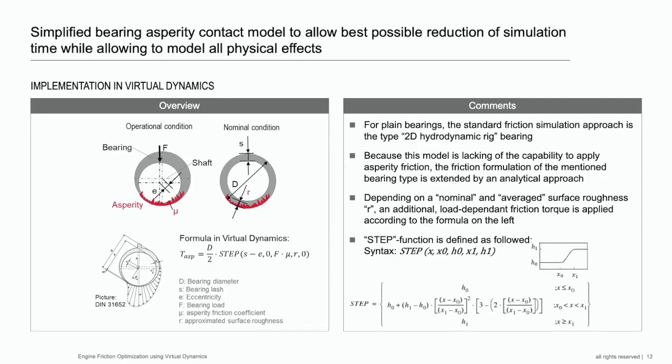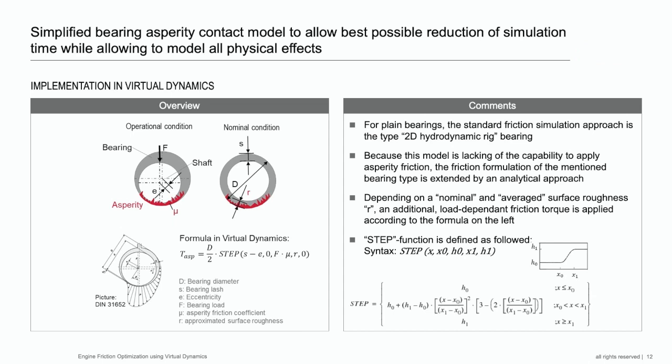Just to give you an impression of what these friction approaches look like and why they are so efficient in simulation performance, I'm giving the example of how the camshaft bearing models work.